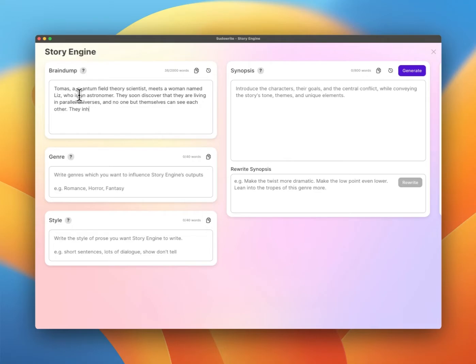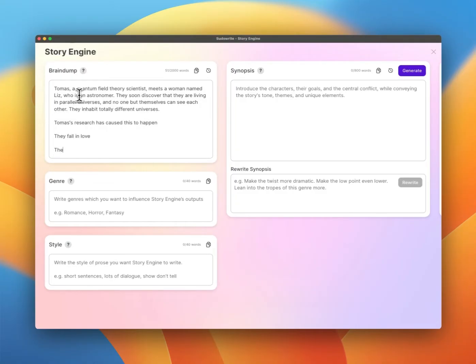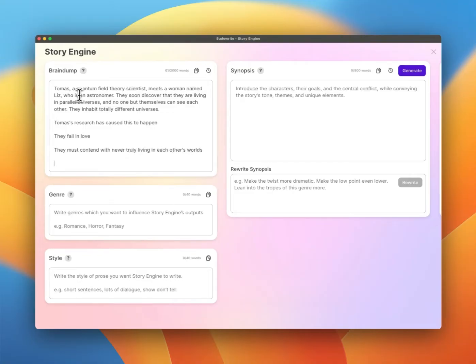They inhabit totally different universes. And let's say that Tomas's research has caused this to happen. They fall in love, and they must contend with never truly living in each other's worlds. And I'll say at the end, they get to be with each other through some fantastic means.